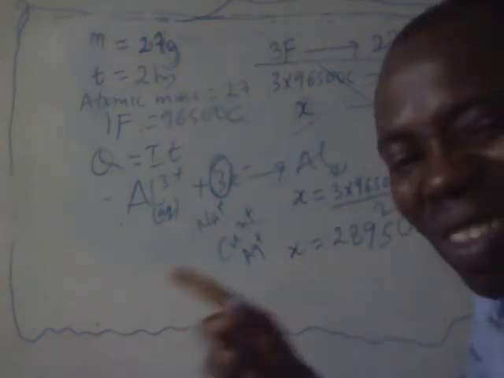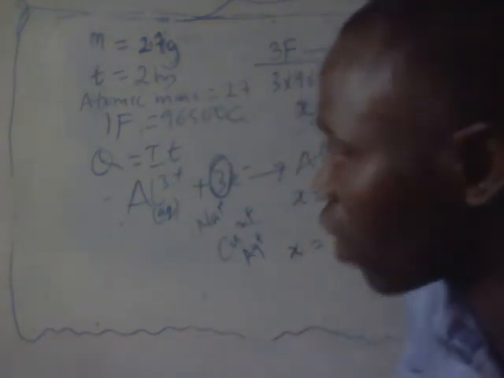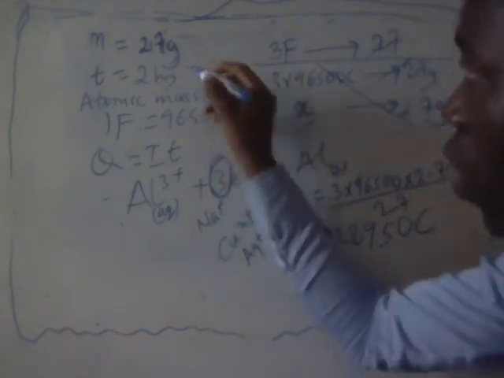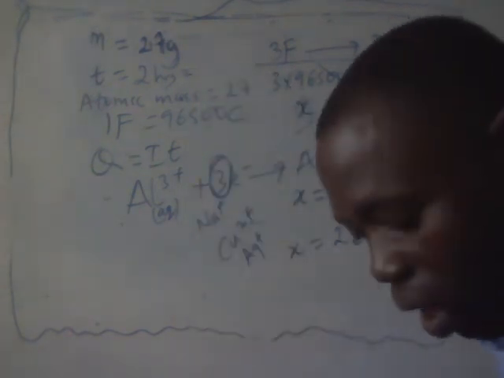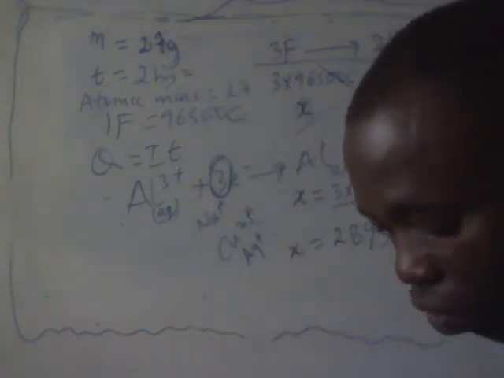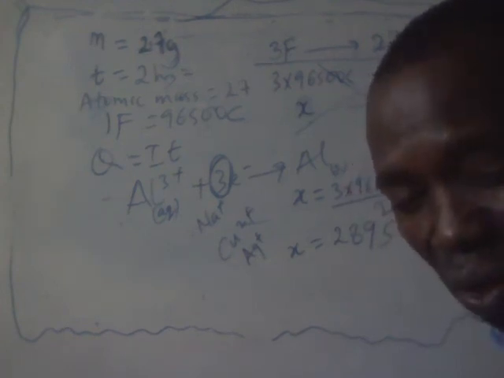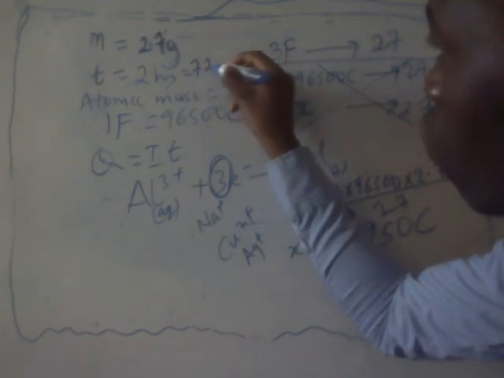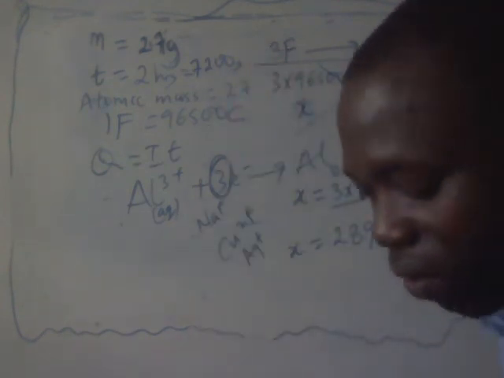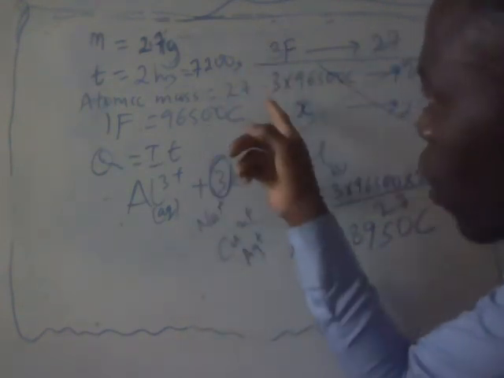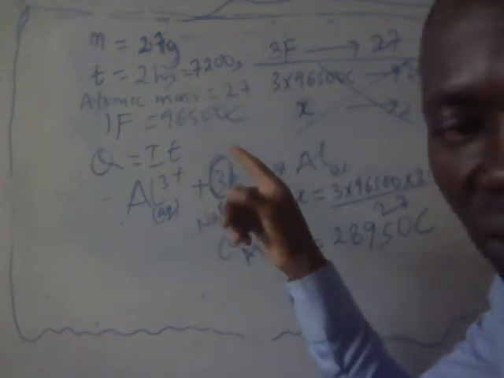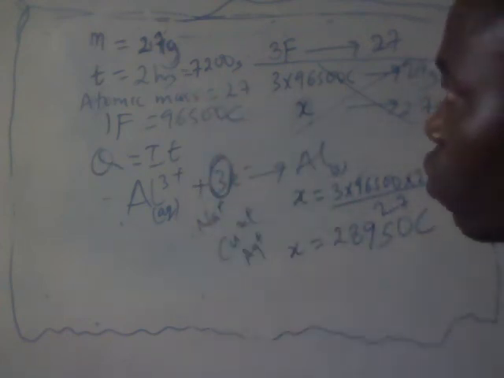You must convert it to seconds. So when you convert 2 hours to seconds, you multiply by 3,600. That is 2 times 3,600, which gives 7,200 seconds.